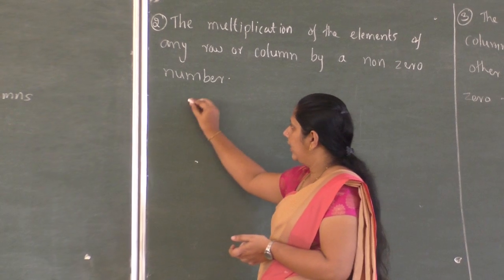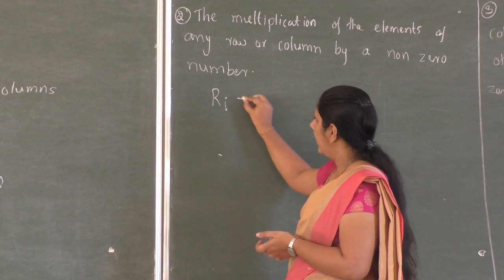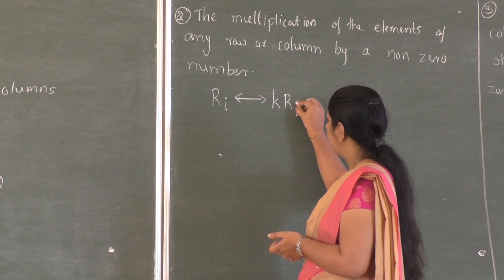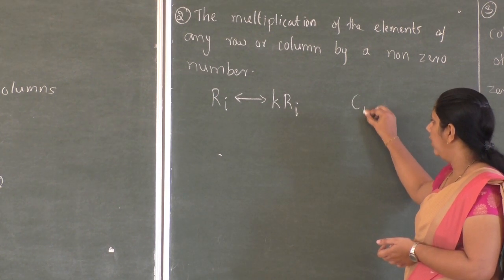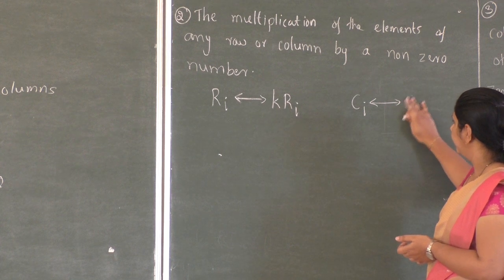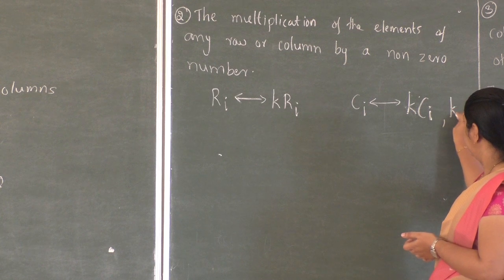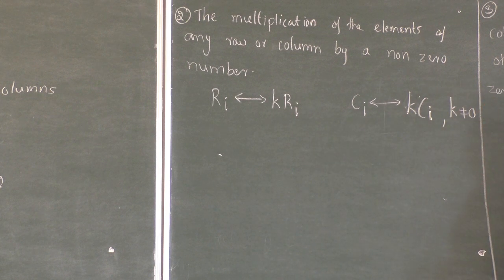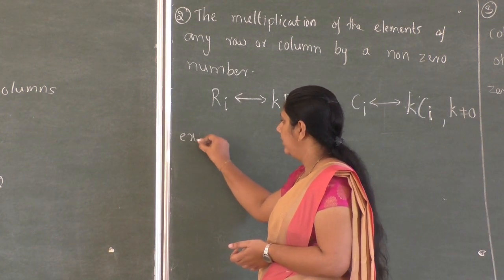That is, symbolically we can write this elementary operation as Ri interchanging to K times Ri, or in terms of column, that is Ci interchanging to K times Ci, where K is a non-zero number. I will explain with an example.